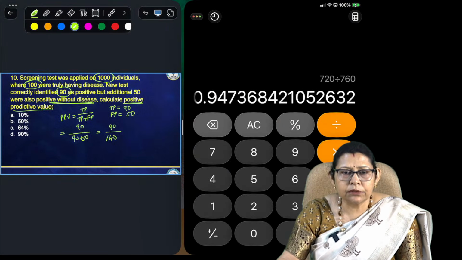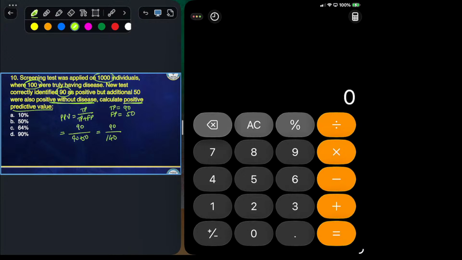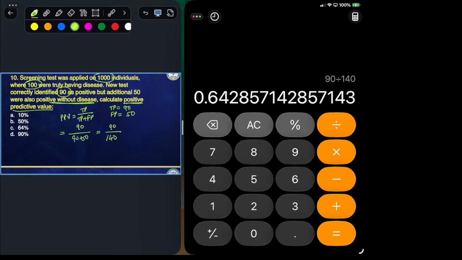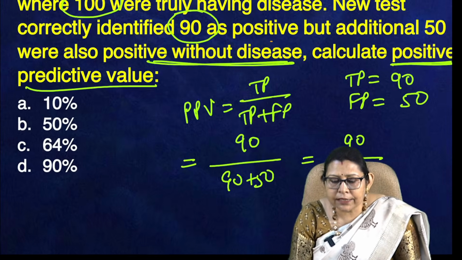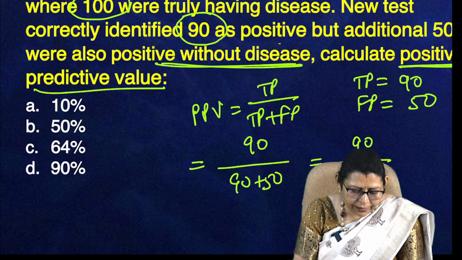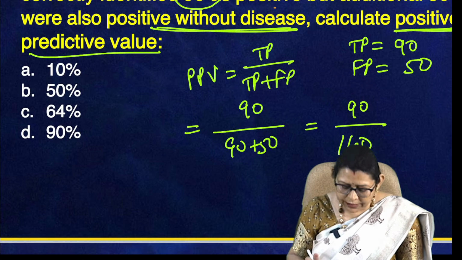So I'm just switching off my camera for a few seconds, and this is your 90 divided by 140, that is equal to 64.62642, or we can say it is your 64%. Okay, so you all had started answering quite correctly. A big clap for all of you, and it is none other than 64%.